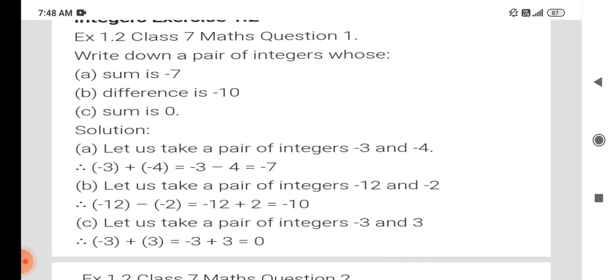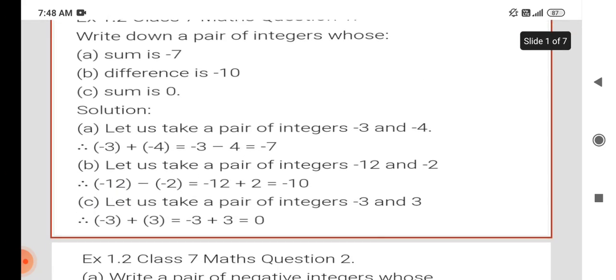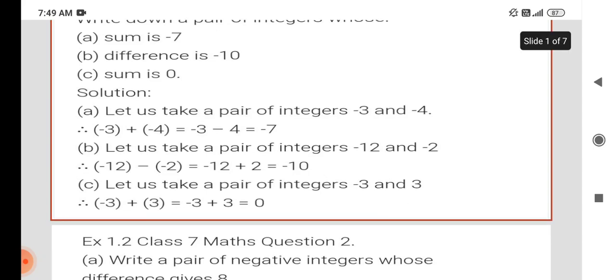So here I put minus 12 and minus 2, and put the sign of difference. And the multiplication rule is, if we multiply integers of the same sign, we get a plus integer. So that's why minus 2 becomes plus 2.